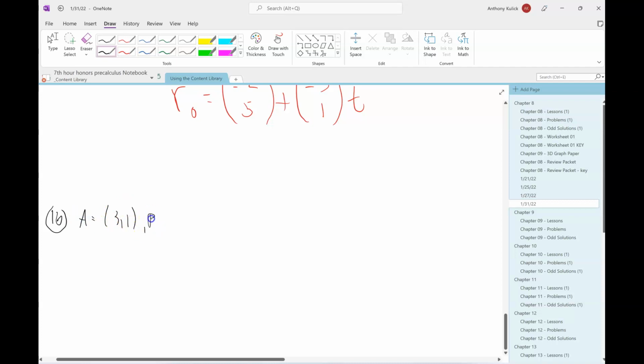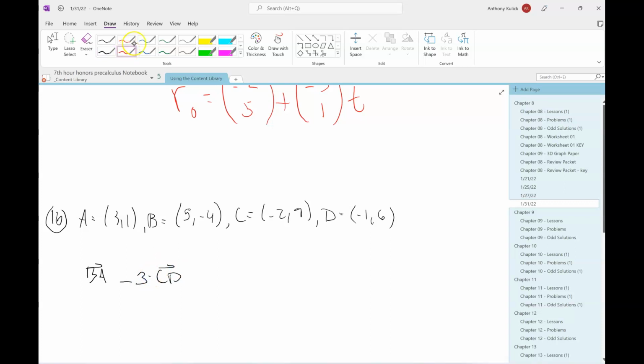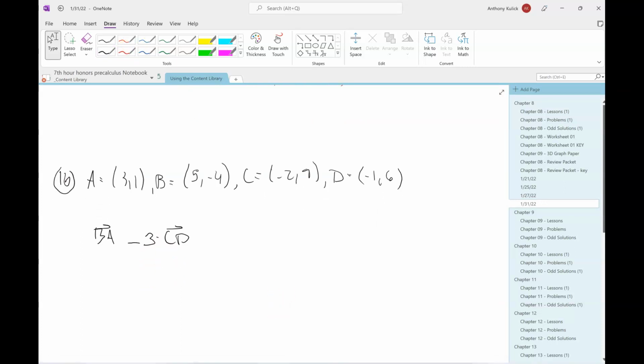We got A, B, C, and D. And they want us to do BA minus 3CD. So first thing I'd want to do is resolve these points into component form vectors. So I'm going to use the head minus tail rule.